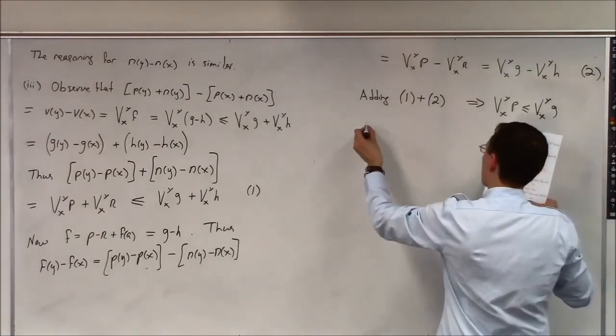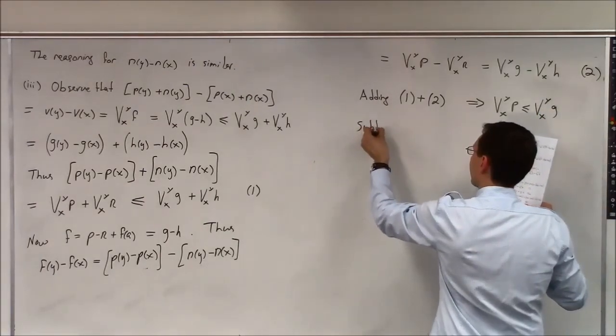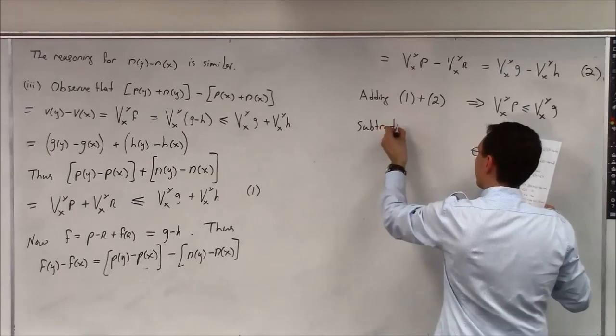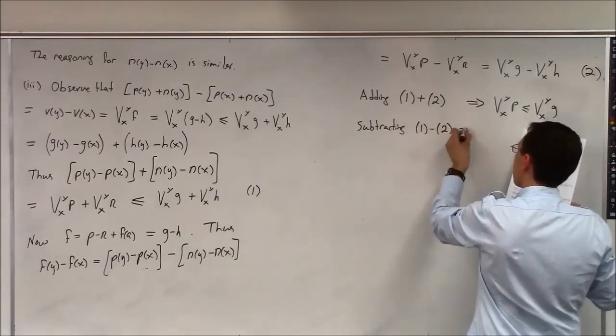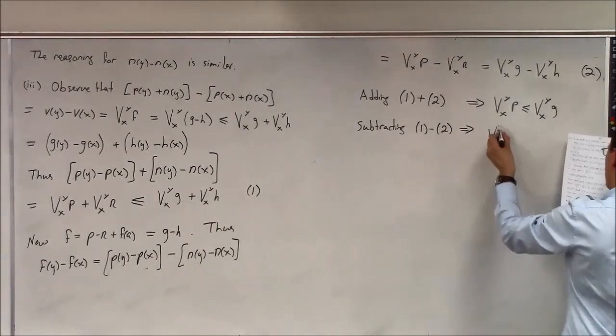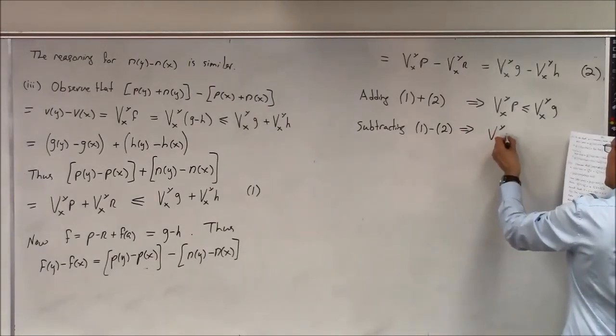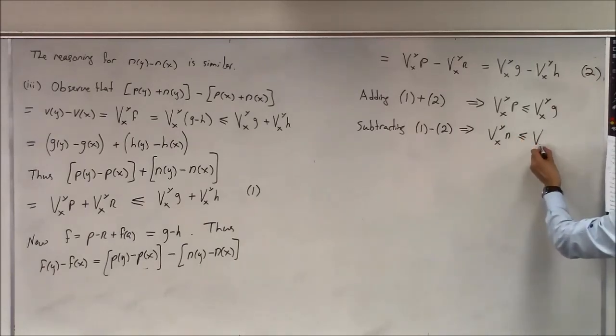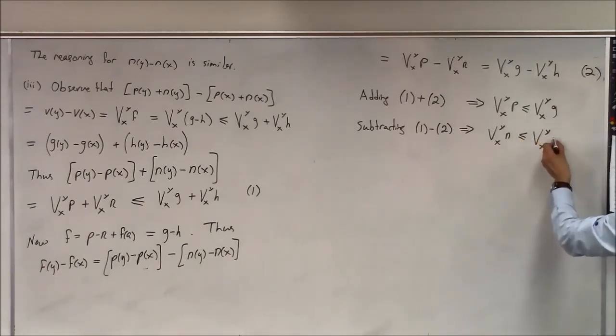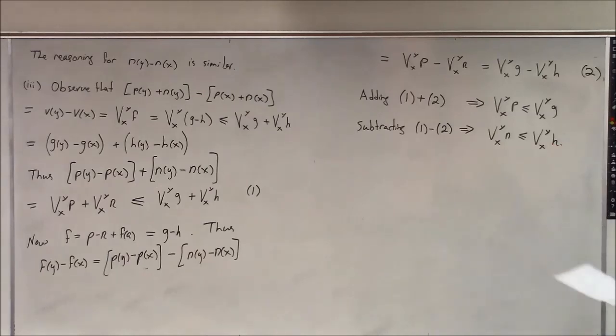And subtracting, that would be 1 minus 2, that will imply that the variation from x to y of n is less than or equal to the variation from x to y of h. And we are done.